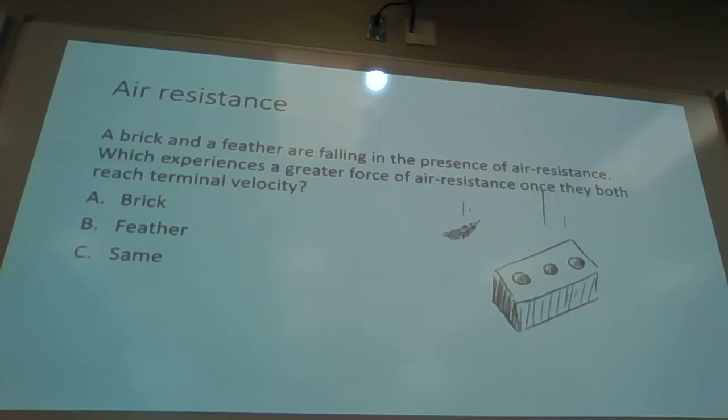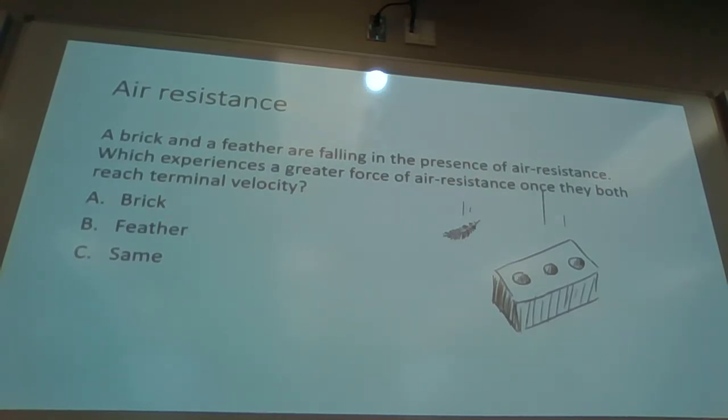The correct answer is A. When it reaches terminal velocity, what is the force of air resistance equal to? Force of gravity, aka weight. Which one weighs more? The brick.